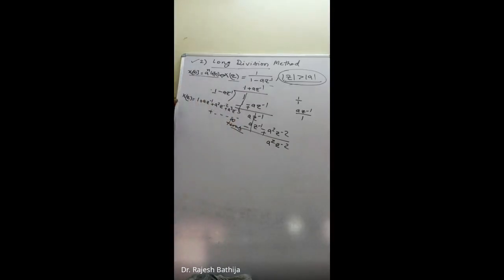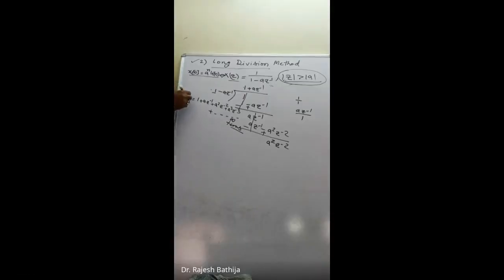Can I write X(z) in this form? Yes, sir. And once we have written it in this form by the first method, that is the power series approach, can I write x(n) in this form? Why in this form? Because x(0) is 1, x(1) is a, x(2) is a squared, x(3) is a cubed, and so on up to infinity.